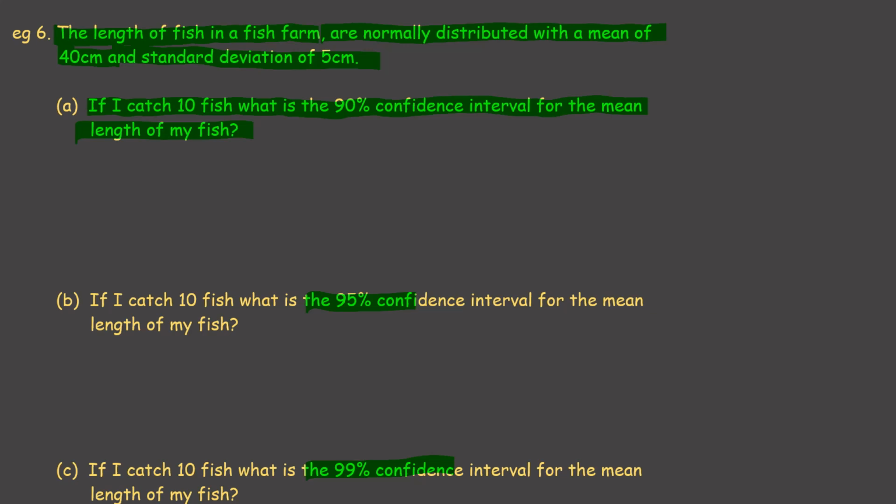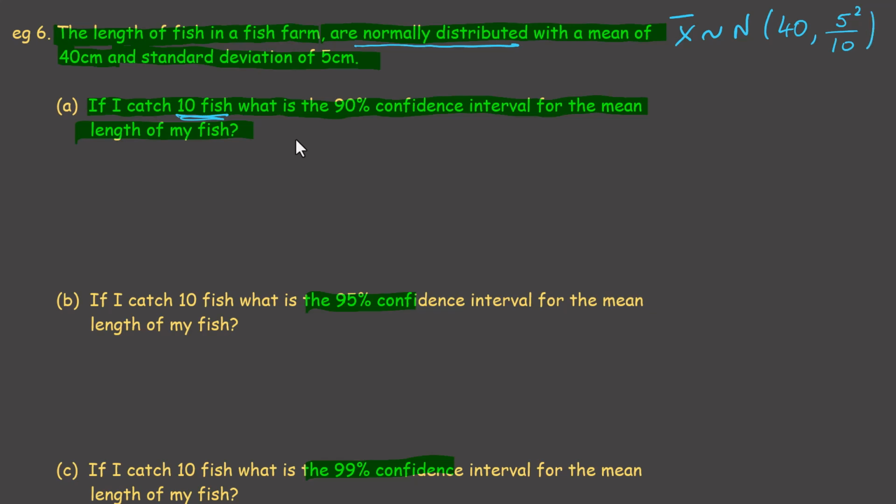Note that the sample size here in each case is going to be 10, which doesn't really matter because the original distribution is normally distributed. Some preliminary work here. We're going to have that X bar is normally distributed with a mean of 40 and a variance of 5 squared over 10.